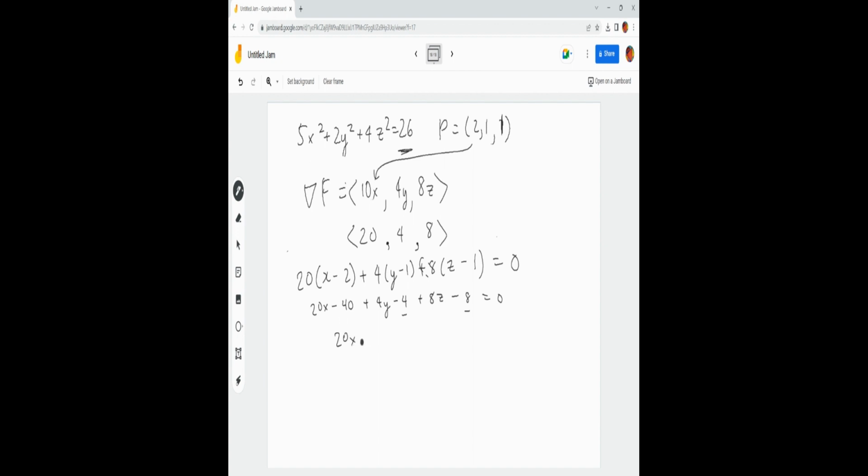It should equal 20x plus 4y plus 8z equals 56, I think, which is a multiplied version of that, right? And we multiply by 3, I don't know. I did something wrong. Negative 12. No, 52, I think. Sorry. So yeah, it's 52.